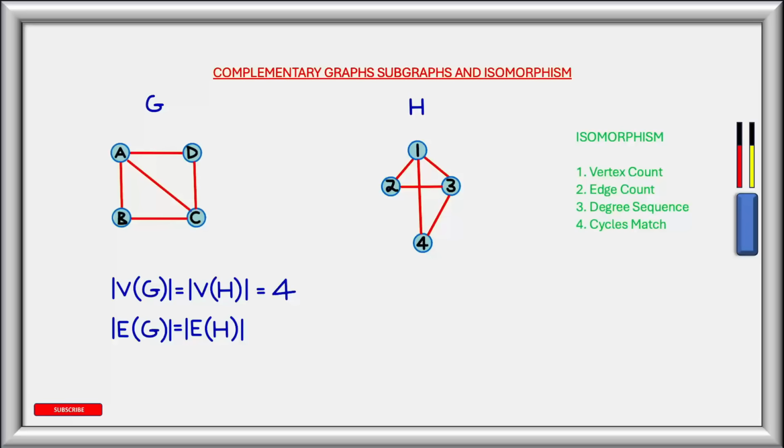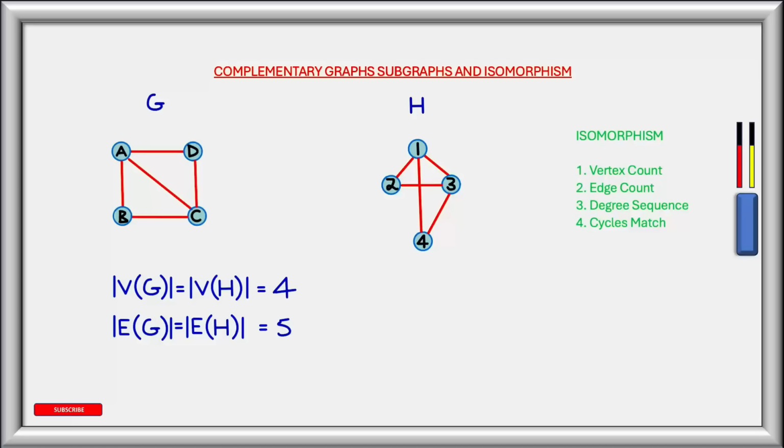Next, we need to show that the number of edges in graph G is equal to the number of edges in graph H. So in graph G, we have 1, 2, 3, 4, 5 edges. And in graph H, we have 1, 2, 3, 4, 5 edges. And so this test also passes as both graphs have 5 edges each.